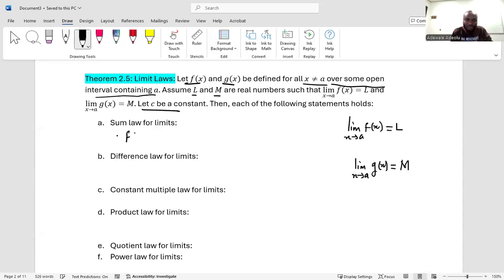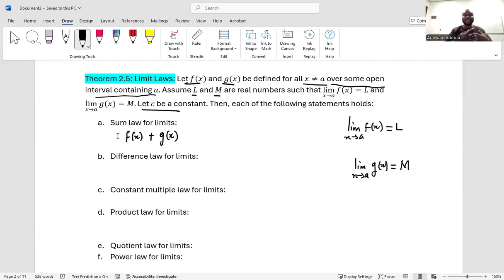Suppose I'm adding two functions together, f of x and g of x. I can add a linear function to another linear function. I can add a quadratic function to a linear function. I can add any polynomial to any polynomial.